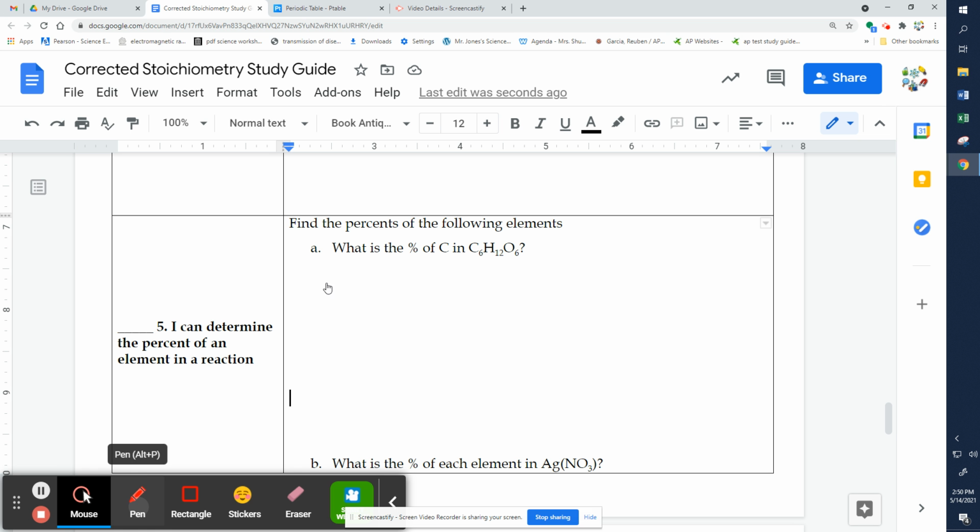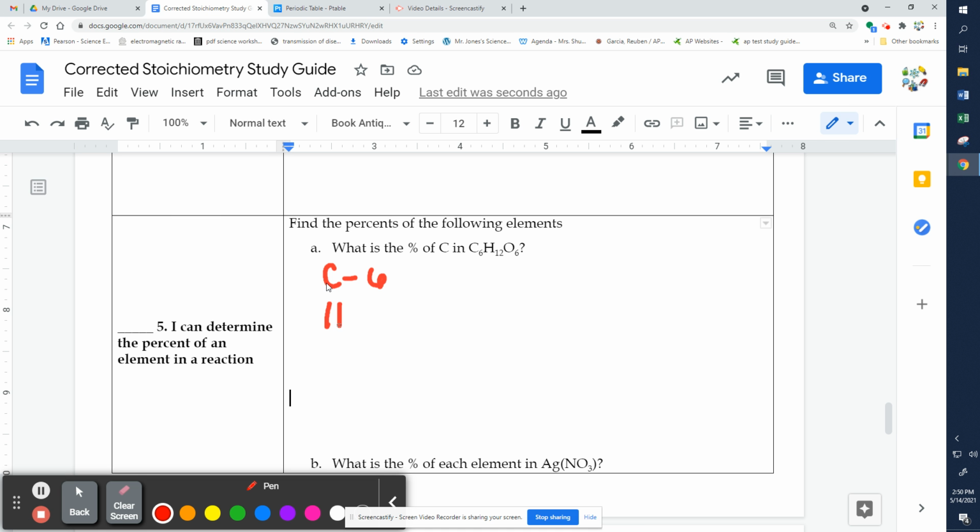However, we need to do it again. So we have C, 6 carbons. H, we have 12 hydrogens, and we have 6 oxygens. Remember, for this piece, it's important to figure out each bit as we go through. You found those on the periodic table.